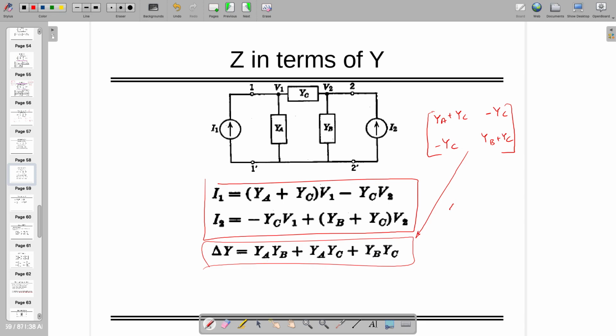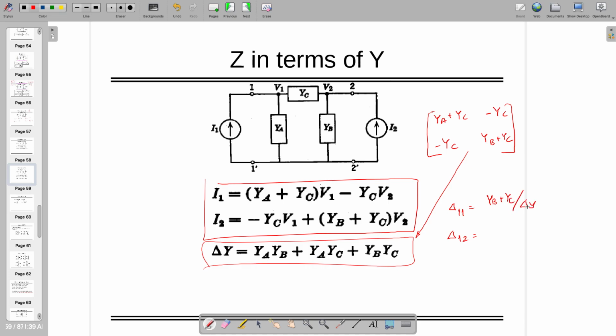Similarly, I can find out delta 11 is equal to ya plus yc, delta 12, sorry, by delta y has to be there, right? It has to be yb plus yc divided by delta y, right?